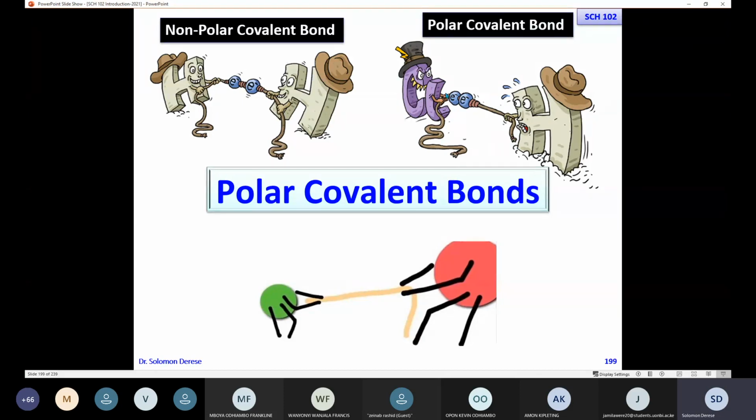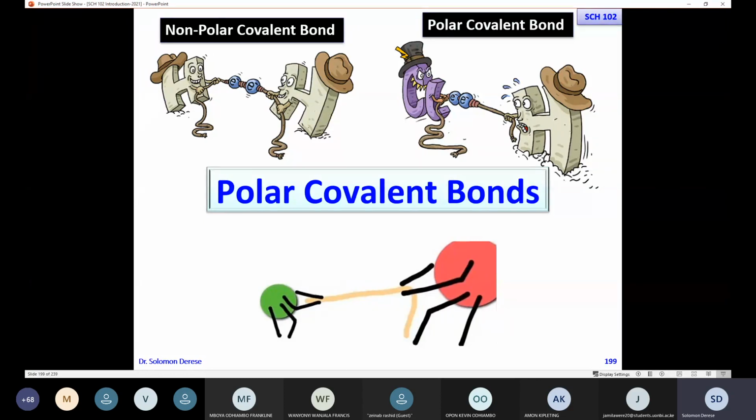As you can see, most of the rope is towards the chlorine. The hydrogen is just hanging on it. So in this case, the electrons of the bond are more on the chlorine than they are on the hydrogen. On the chlorine, we'll have excess of electrons, while on the hydrogen, we'll have deficiency of electrons.